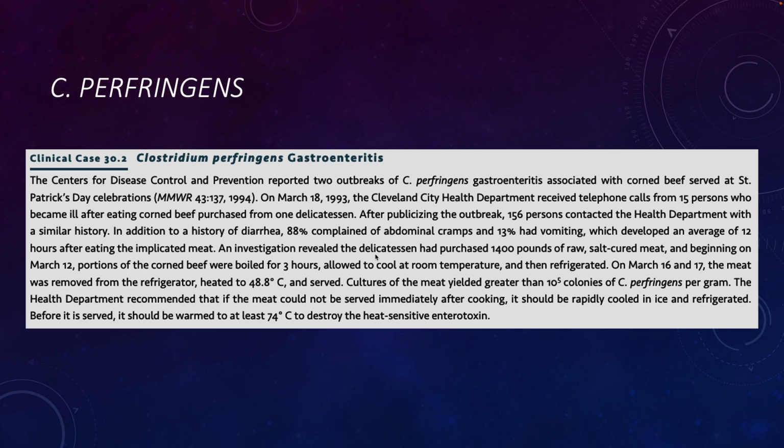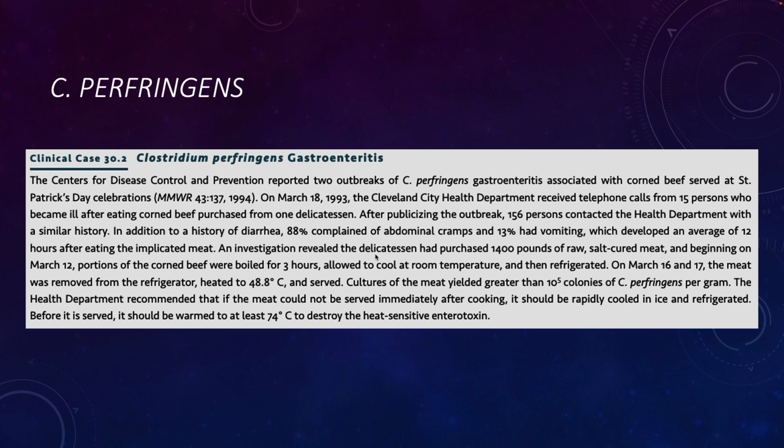An investigation revealed that the deli had purchased 1,400 pounds of raw, salt-cured meat, and beginning on March 12th, portions of the corned beef were boiled for 3 hours, allowed to cool at room temp, and then refrigerated. On March 16th and 17th, the meat was removed from the refrigerator, heated to 48.8, and served.